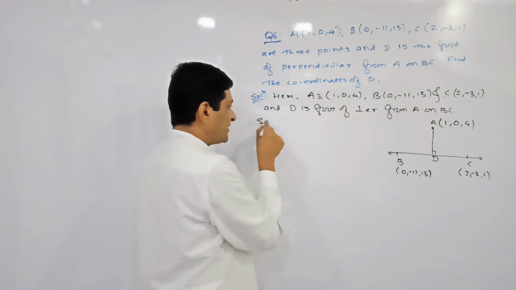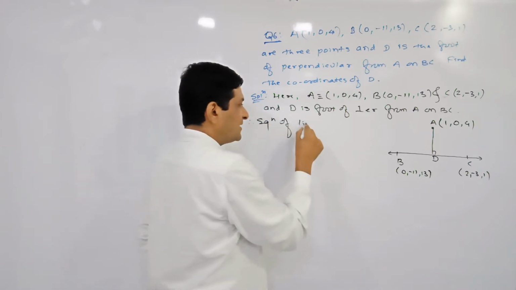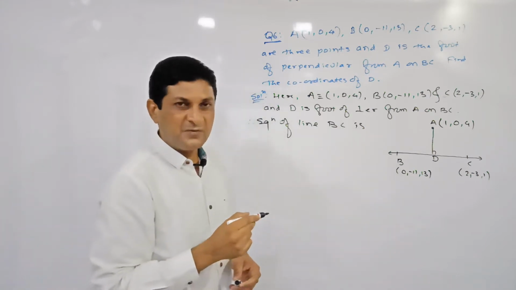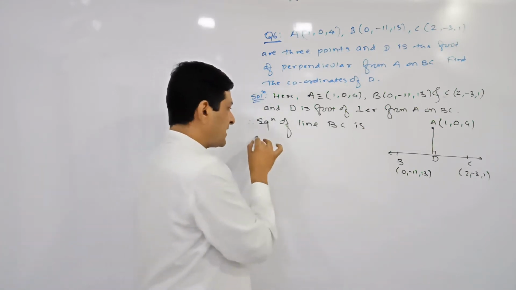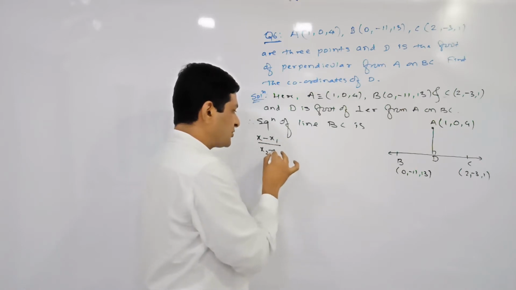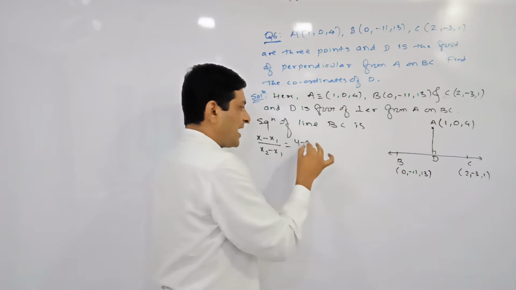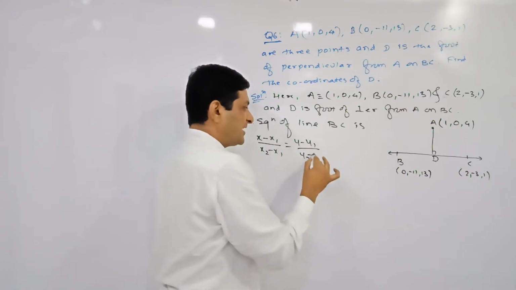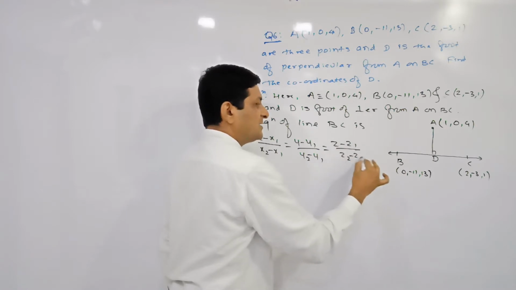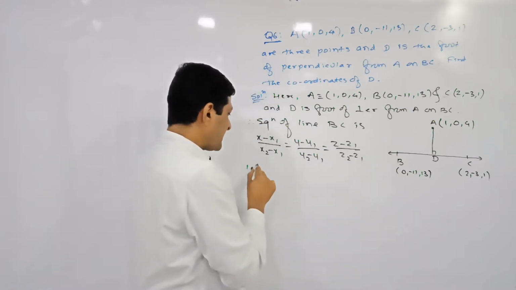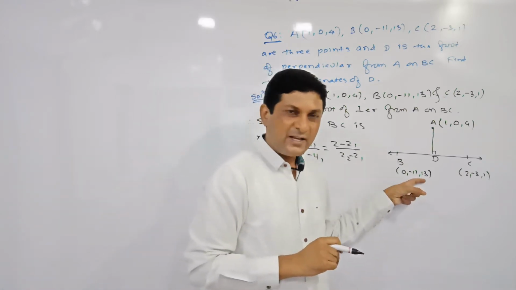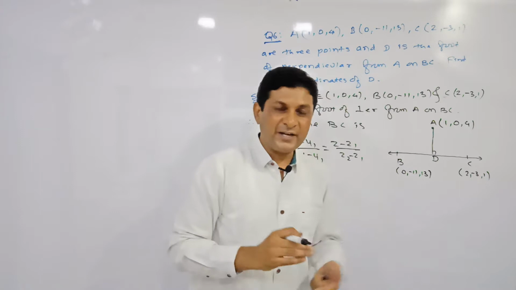We know that if 2 points on the line are given, the equation of the line can be found by applying which formula? (x minus x1) upon (x2 minus x1) is equal to (y minus y1) upon (y2 minus y1) is equal to (z minus z1) upon (z2 minus z1), where x1, y1, z1 are the coordinates of the first point and x2, y2, z2 are the coordinates of the second point.